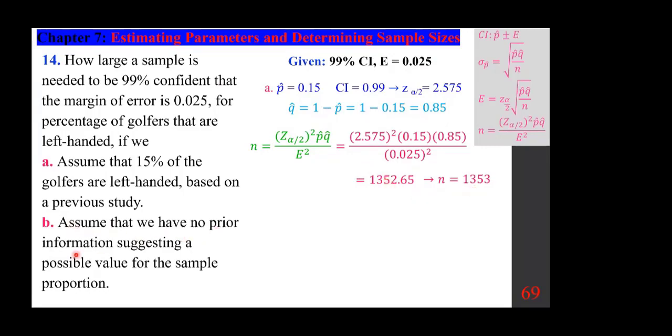Assume that we have no prior information, in which case we don't know p hat is 15%. We assume the worst case scenario, p hat equals q hat equals 0.5. So in this formula, if you choose p hat equals q hat equals 0.5, their product is 0.25, the product of these two.